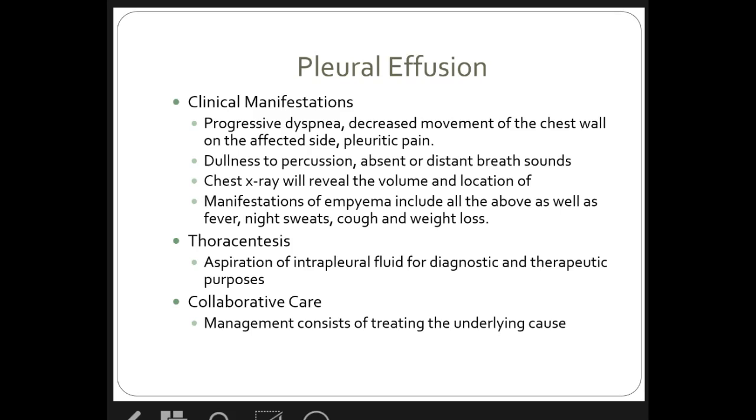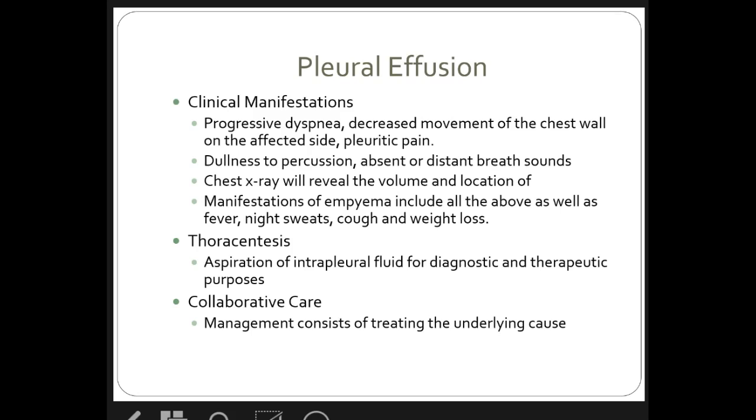The patient may require a thoracentesis, which is actual aspiration of the intrapleural fluid. It can be done for diagnostic and for therapeutic purposes. Usually only about 1,000 to 1,200 mL is removed at any one time from the patient.